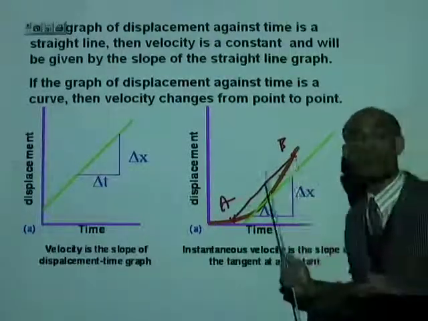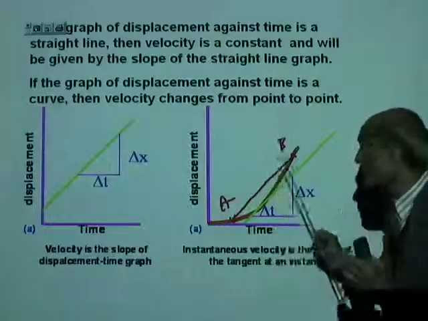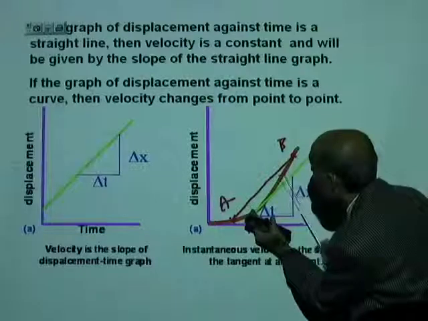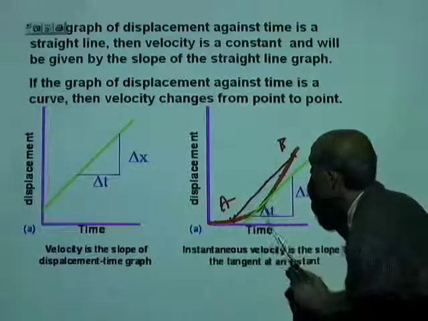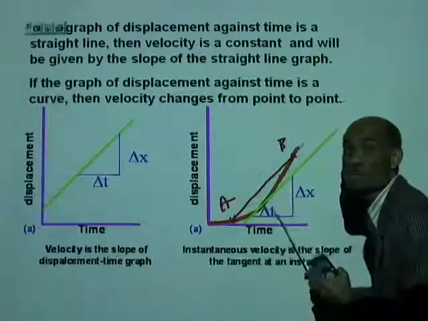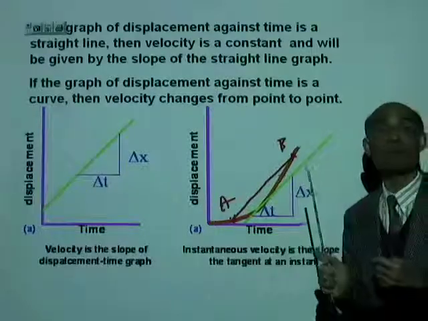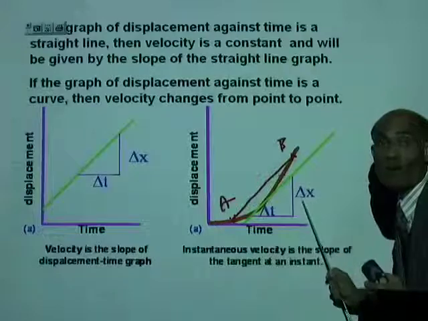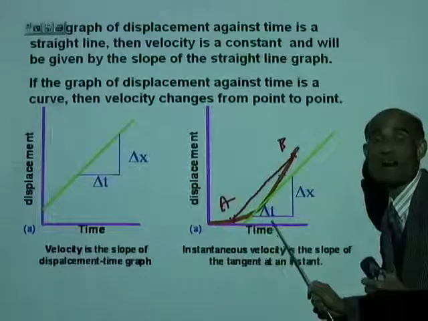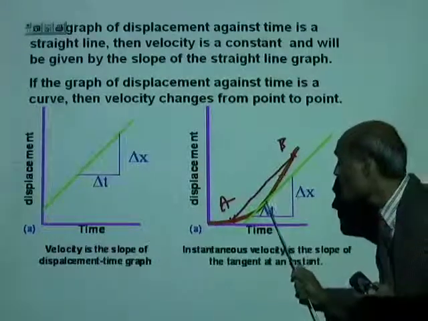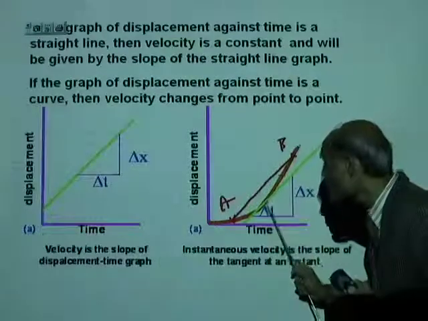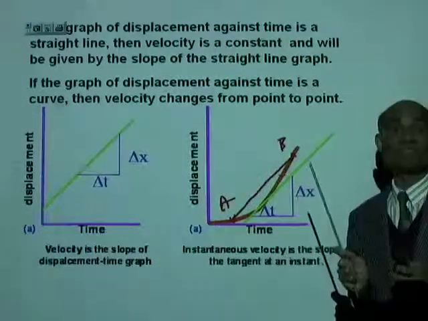And in order to define the instantaneous velocity, what do we do? Bring points A and B closer and closer so that this delta t is very close to 0. And then the limiting value of delta x divided by delta t will be the slope of the tangent line at that point.